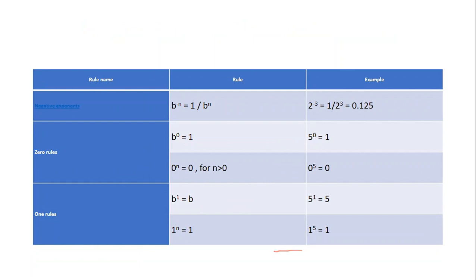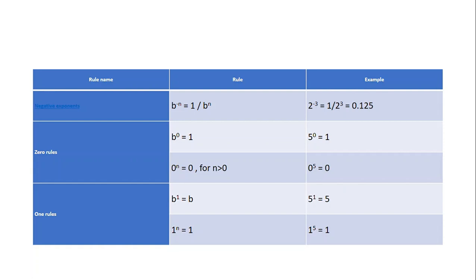Now let's analyze these 3 more cases. Negative exponents. When we have a negative exponent, we have to remember that the number has a 1 at the bottom in a fraction. And when you put the numbers upside down, when you switch the numbers, then immediately the exponent changes the sign.